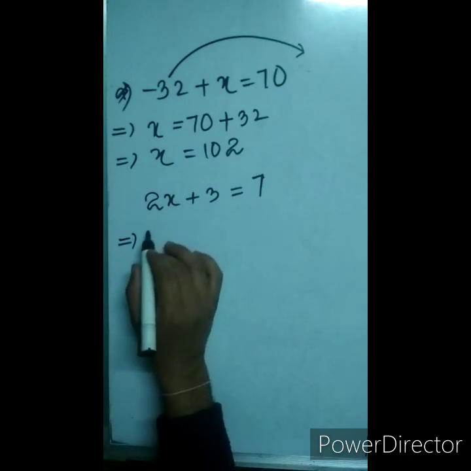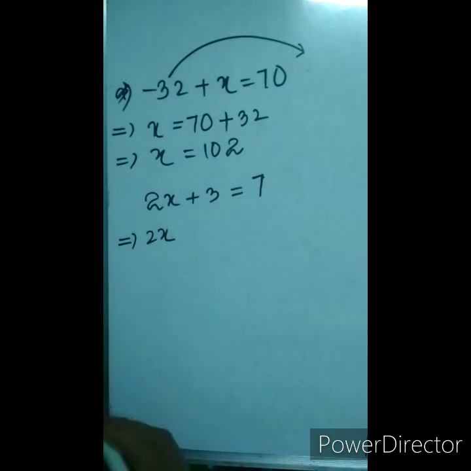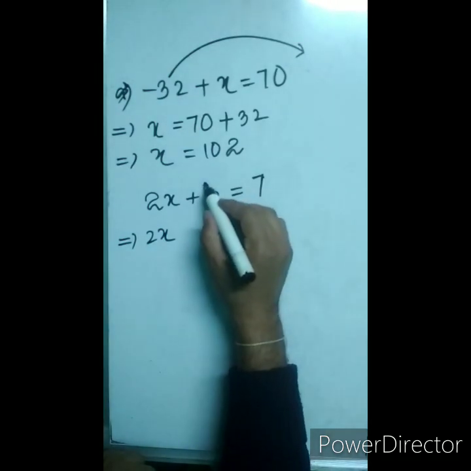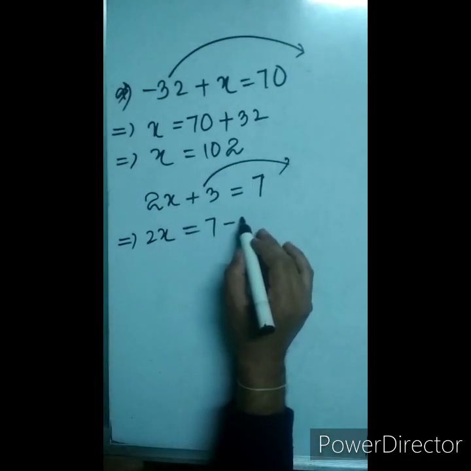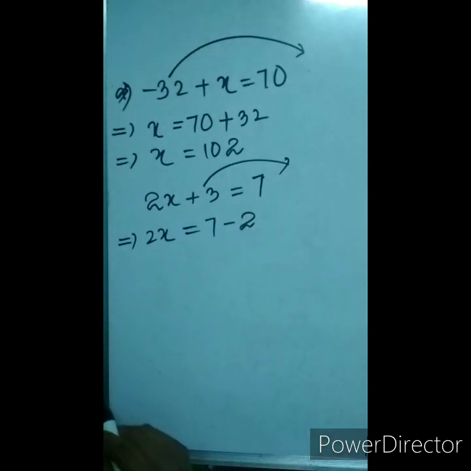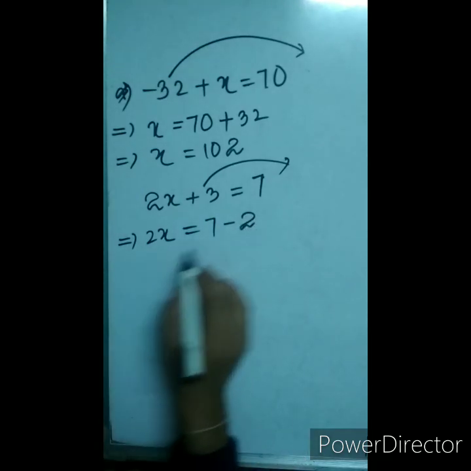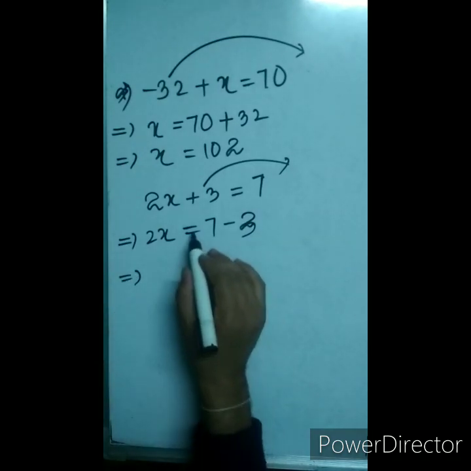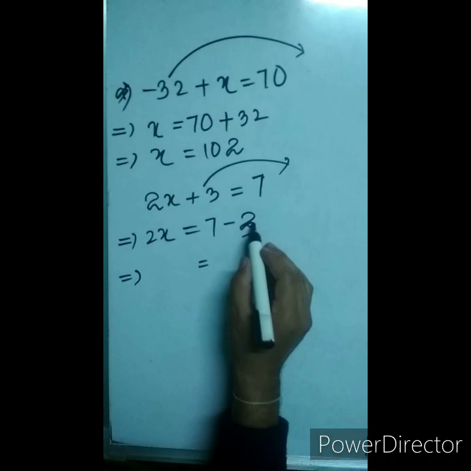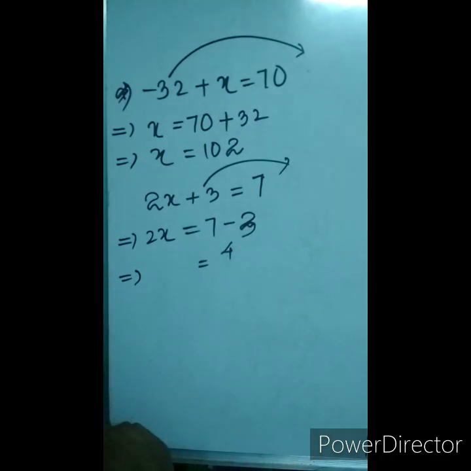I'll keep this 2x on the left hand side, and now this positive 3 I'll send to the other side. Now it will be coming as negative 3. Then equal to 7 minus 3, there is 4.